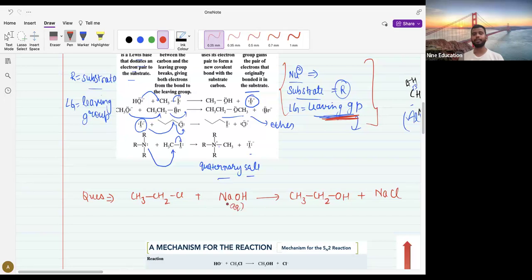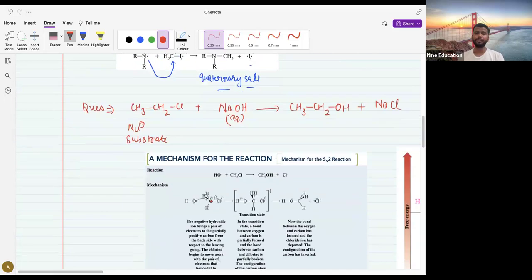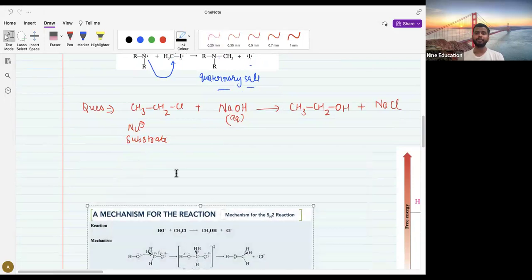Understanding or not? If I am using aqueous NaOH, in this reaction you have to tell which is the nucleophile, which is the substrate, and which is the leaving group. Write all the answers.